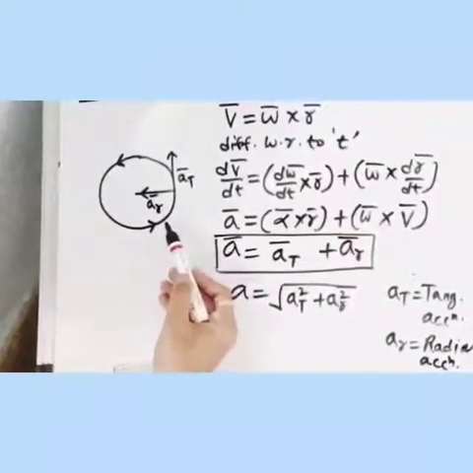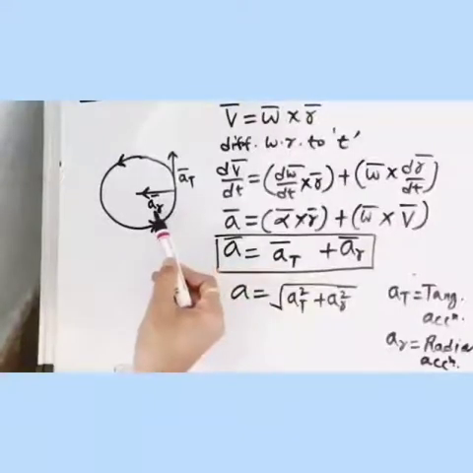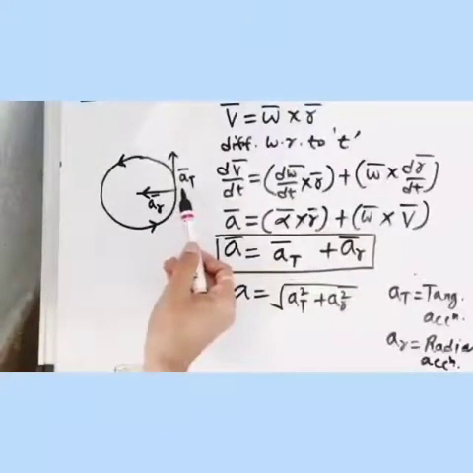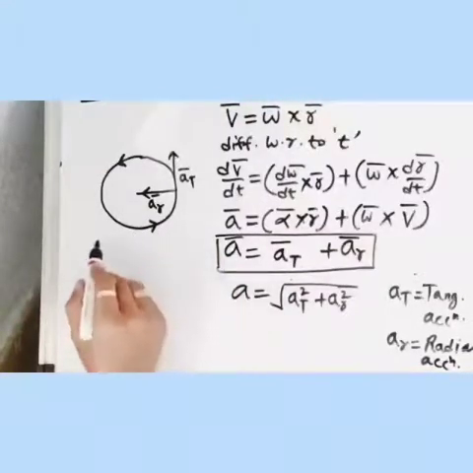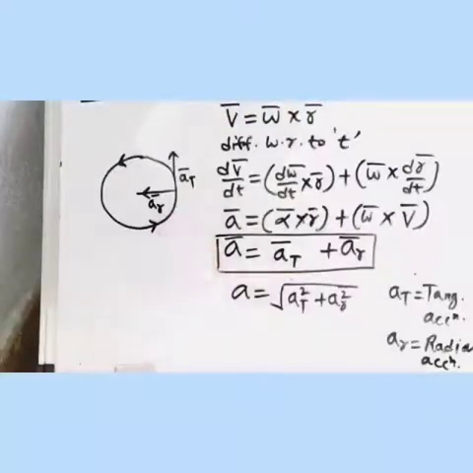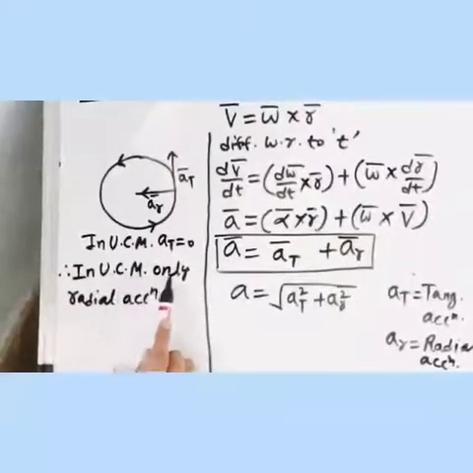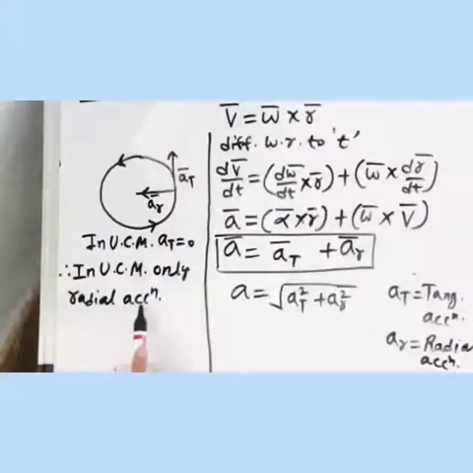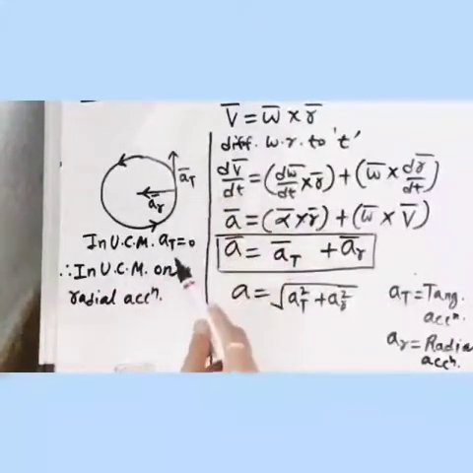As you can see here, radial acceleration is directed along the radius toward the center, whereas tangential acceleration is tangential to the circular path. Now in case of uniform circular motion, this tangential acceleration is 0. Therefore in uniform circular motion, only radial acceleration is present, because in UCM this tangential component of acceleration is going to be 0.